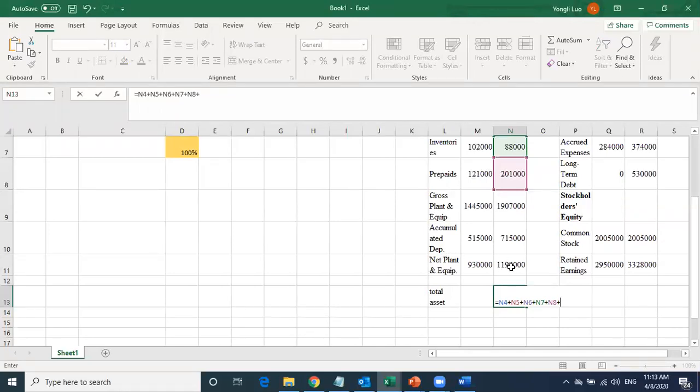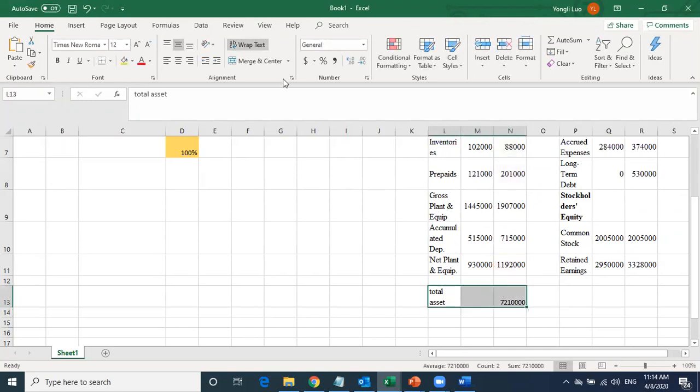That's your net fixed asset. Use the net fixed asset. Do not use the gross plant, property, and equipment, that's the gross fixed asset. That gives you the total asset.